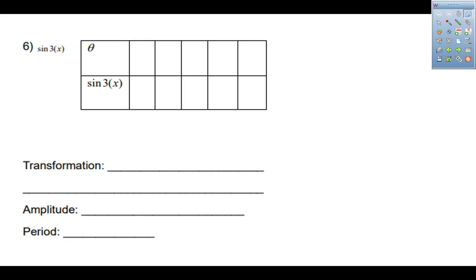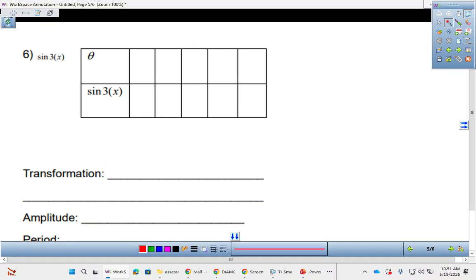So there is a horizontal change happening here. And it is going faster and faster, which is going to take what once took 2 pi to finish the race, and it's going to shrink it. I'm going to run the race a little quicker. I'm going to finish it shorter. So this is called a horizontal compress, when the number here is bigger than 1. So I'm going to call this a horizontal compress.